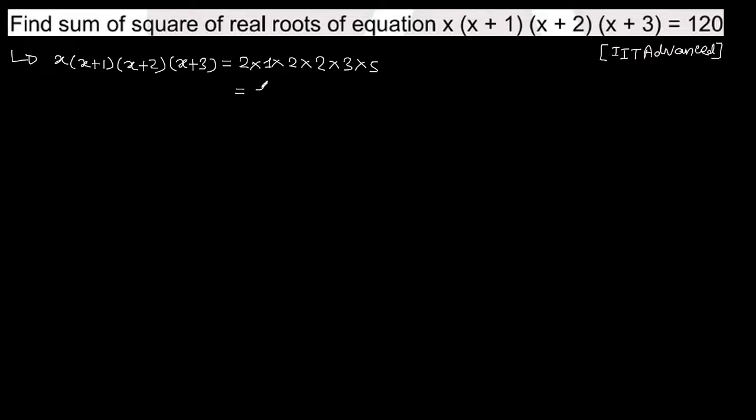So we can say it as 1 into 8 into 3 into 5, and they are consecutive, yes. Consecutive meaning 4, 5, 6, and 1 is 2. So we have to bring them in consecutive form.